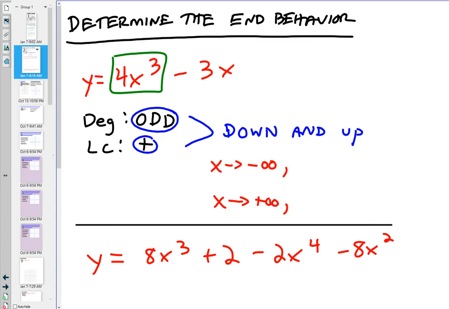And now let's see what the y is doing. f of x approaches. So if my left arrow is supposed to be going down, what would I put next to the f of x? Negative infinity. If my right arrow is supposed to be going up, what would I put next to f of x? Yeah, up means positive infinity. It's arrow notation.